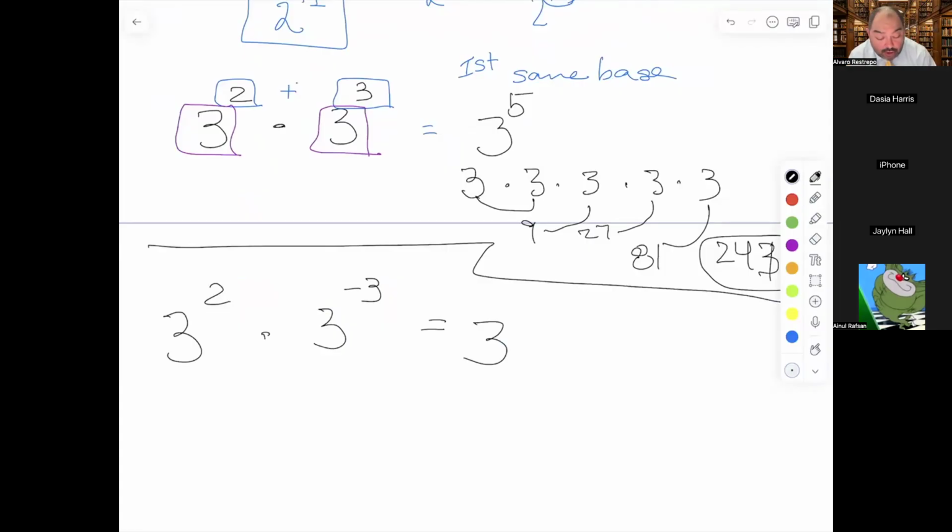Then look what I'm going to do here. Look at what I'm doing. So what just happened here? Well, 2 plus negative 3.